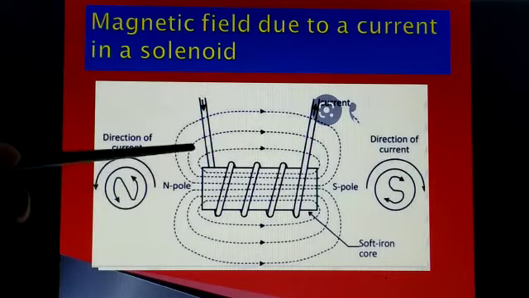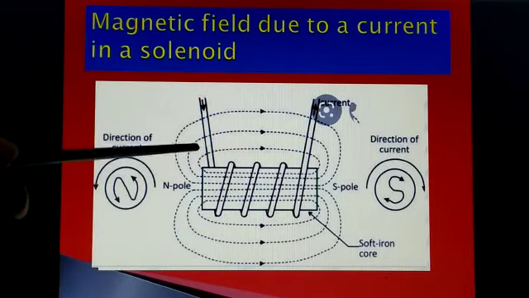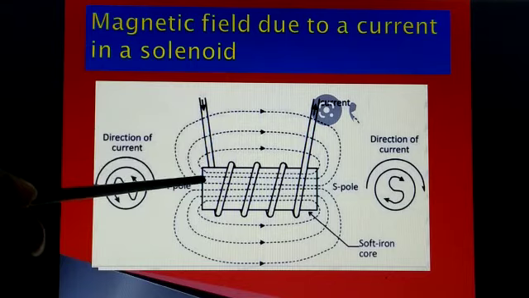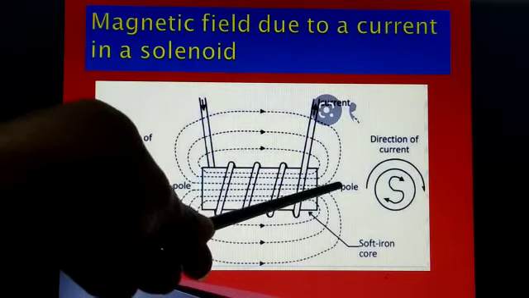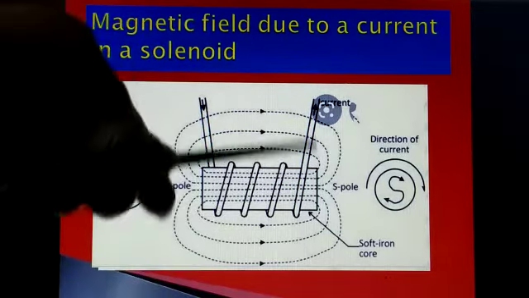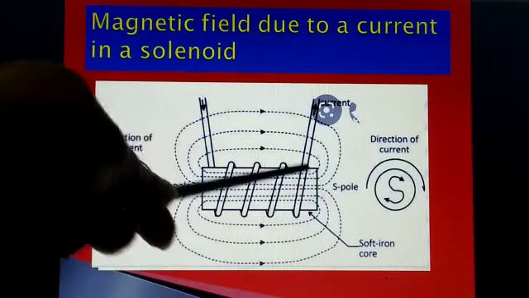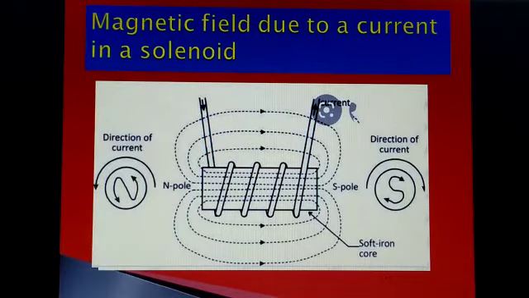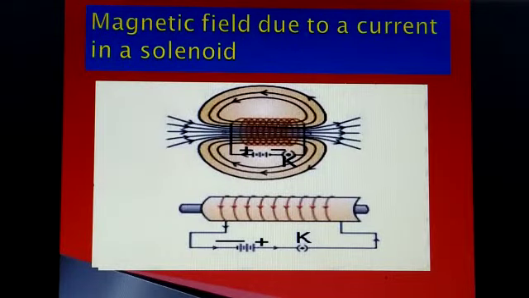Once again, if the direction of current is anti-clockwise, that end behaves like a north pole, and if the direction of current in the solenoid is clockwise, then that end behaves like a south pole.